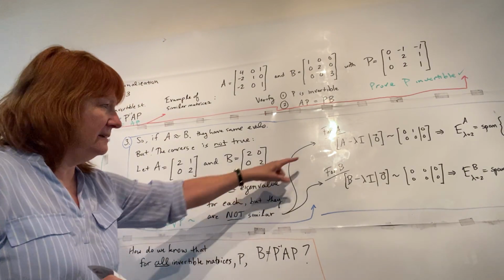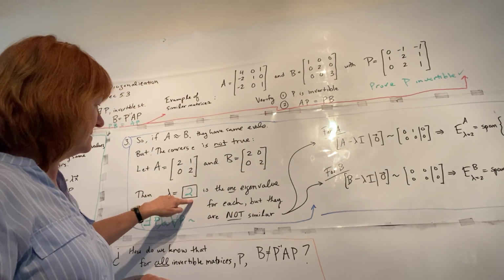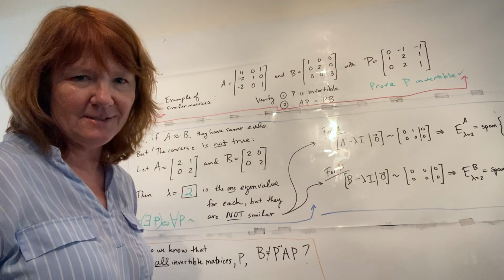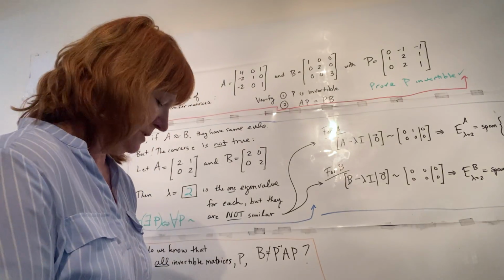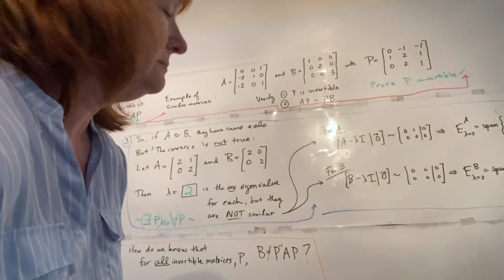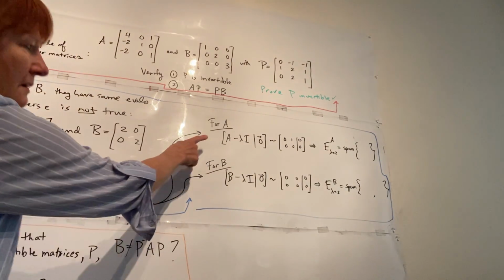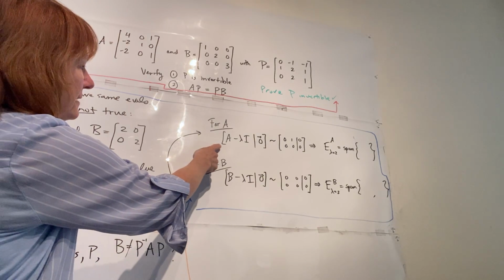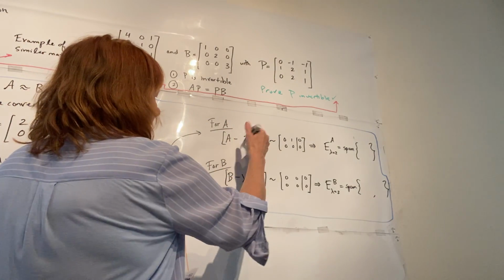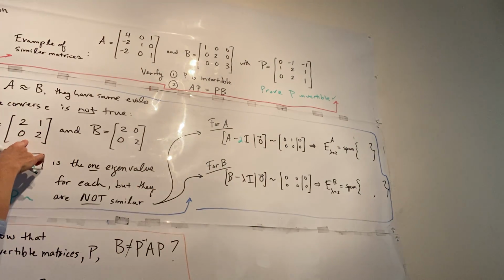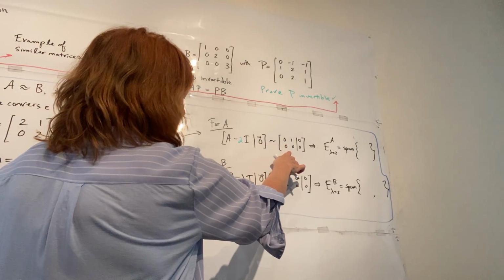While you're thinking about that, hopefully you stopped the video and went off and proved to yourself that not only is this the eigenvalue for both, but you went and found the eigenspaces just for fun, right? Okay, so if you did that, what have you got? For A, when you substitute in lambda equal to 2 there, that's for this matrix A. Subtract that, and it's actually equal to that.